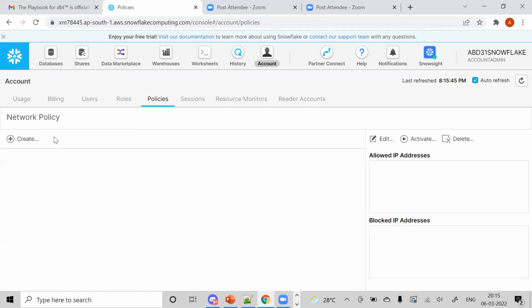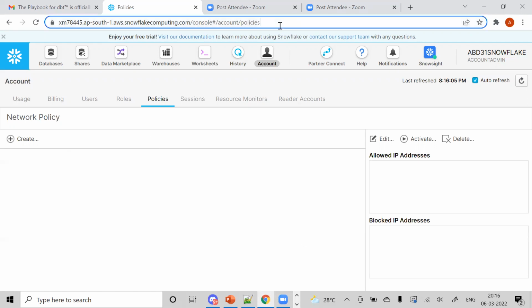Network policy is one of the policy objects that you can create in Snowflake, which basically allows only certain IP addresses through which you can log in to your account. Or you can also block certain IP addresses, so that if you try to log in from them, you will not be allowed to log into this URL, even if you put your username and password properly.